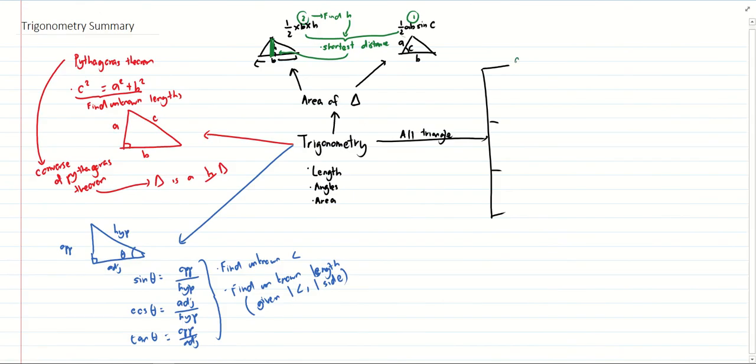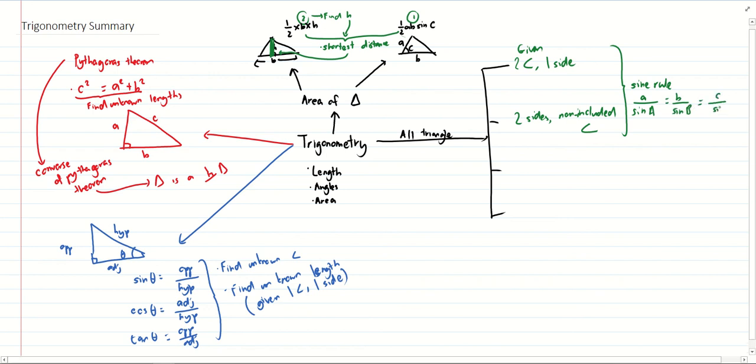So given two angles and one side, or given two sides and a non-included angle, then I will use my sine rule: a over sine A equals b over sine B equals c over sine C.